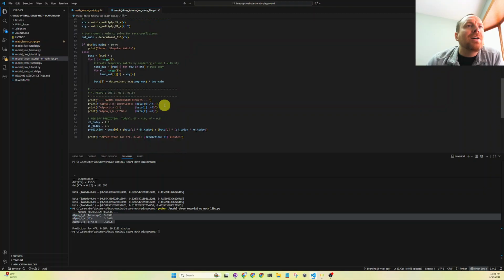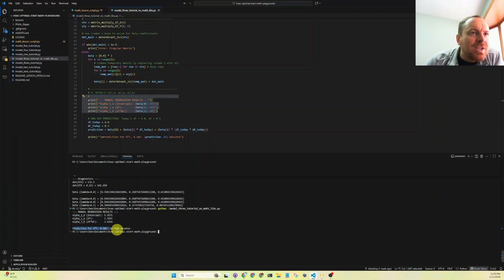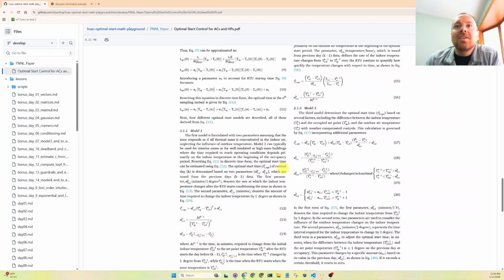And then those are our coefficients, and then we plug our data into the equation and we calculate 26 minutes. Pretty cool. And the paper does say that they think this model predicts the best. So we'll see over time if I get that same thing. Dying to see that.